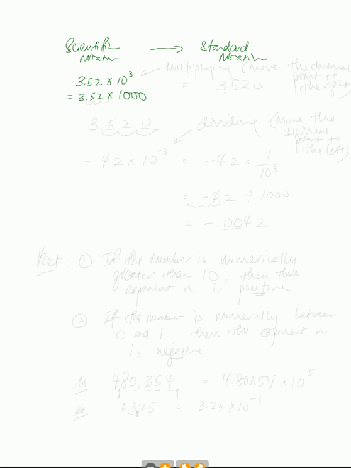Multiplying by 1,000 is equivalent to moving the decimal point 3 places to the right. 1, 2, 3. Because there's a gap, you have to fill it with 0. So the answer is 3,520.